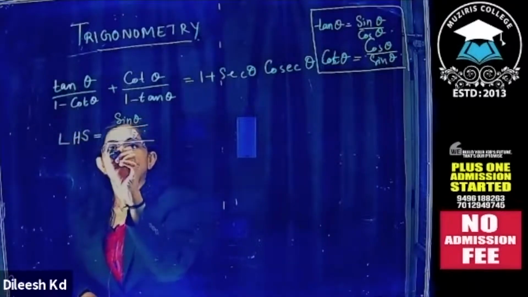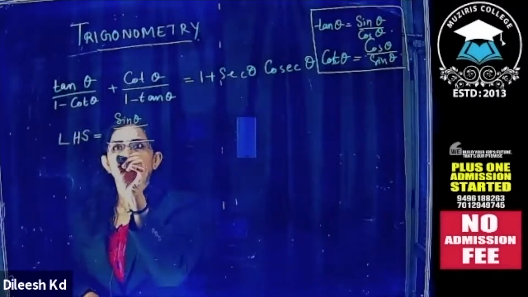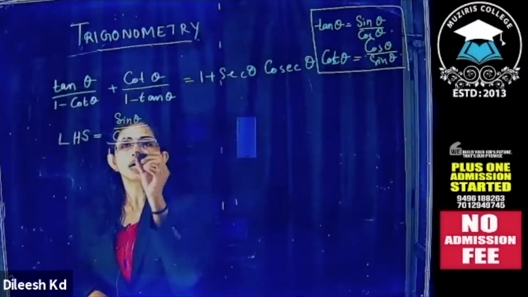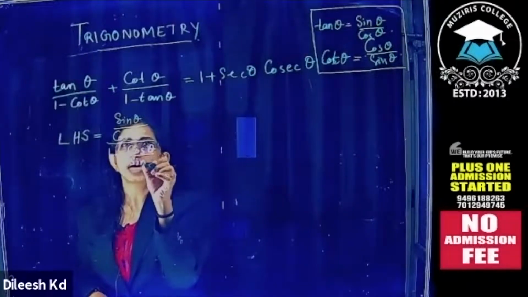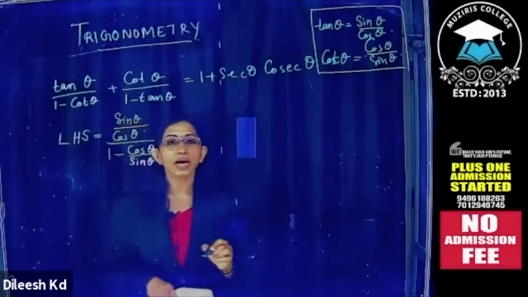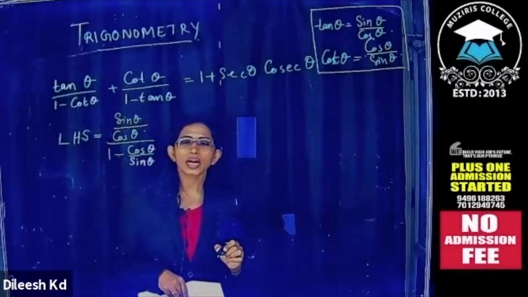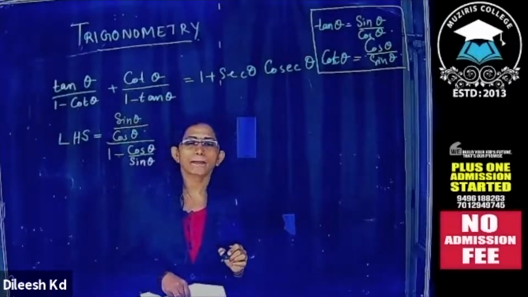So it is 1 minus, and cot theta is cos theta divided by sin theta. Is it clear? Substitution okay? Yes, teacher.